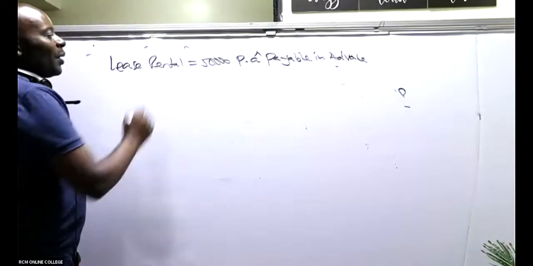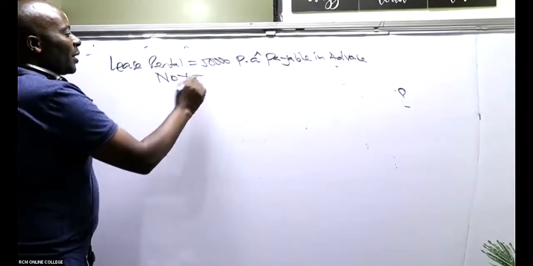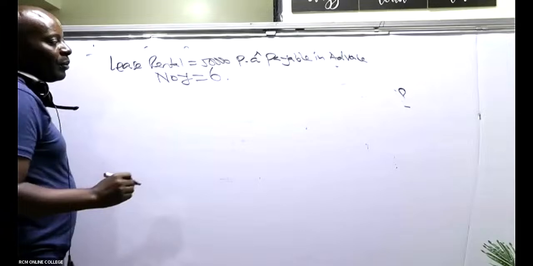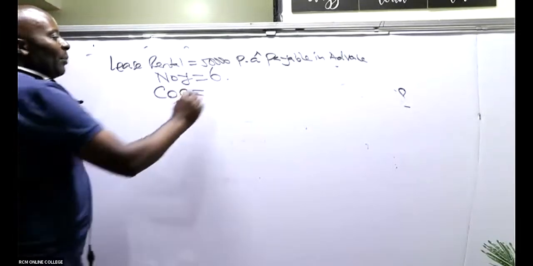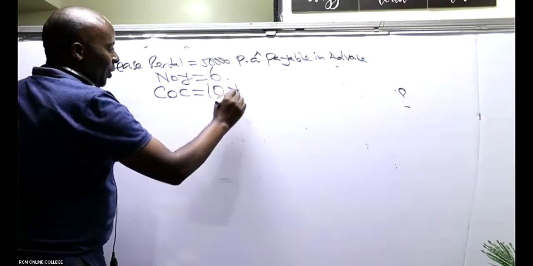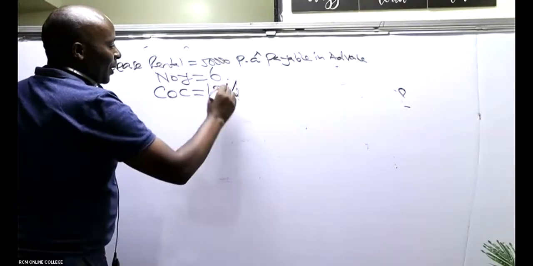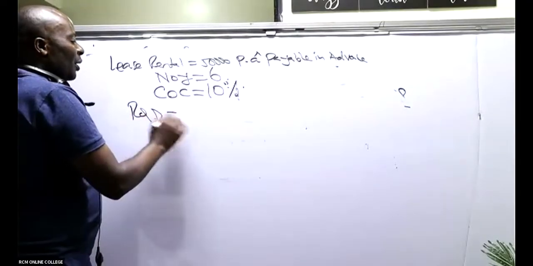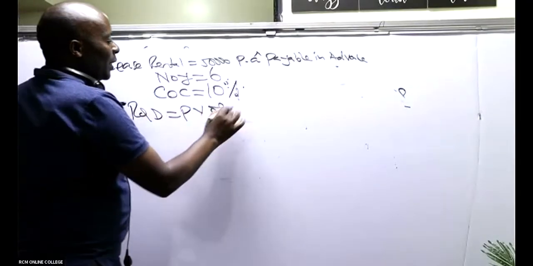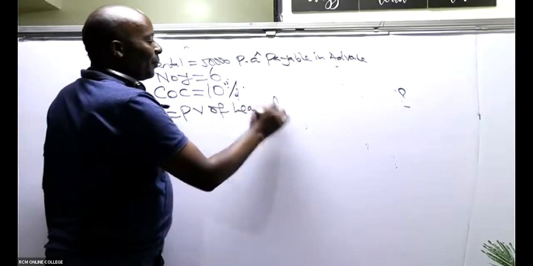Number of years is 6, for example. They'll come and give you the cost of capital, let's use 10%. And then, of course, you'll be required here to give us the present value of lease liability.